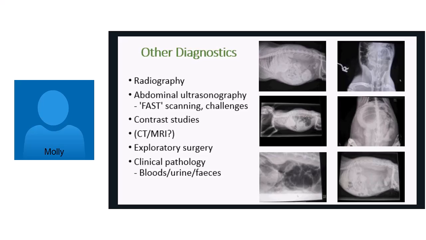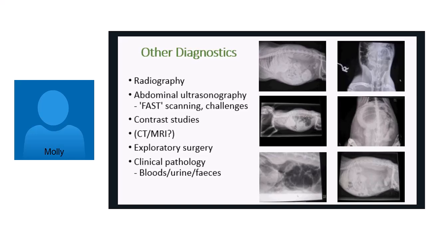So again, that can be useful. I'm very lucky, I have direct access to CT and MRI. So if I need to, we can jump in and we can get these animals through a CT or an MRI. But quite often, the advantage of that is it diagnoses everything else rather than directly diagnosing the gut stasis.